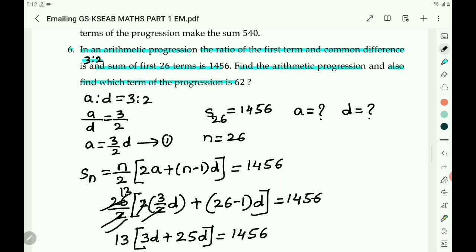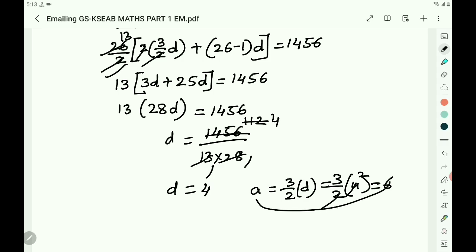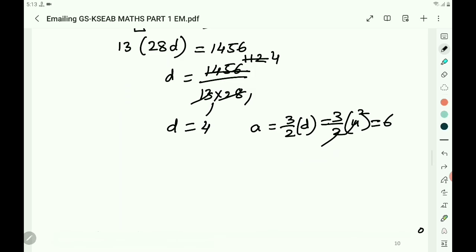Then a equals 3/2 d. A equals 3/2 into d, which is equal to 3/2 into 4. 2 twos are 4, 3 twos are 6. You got a is equal to 6. Now you write the AP.